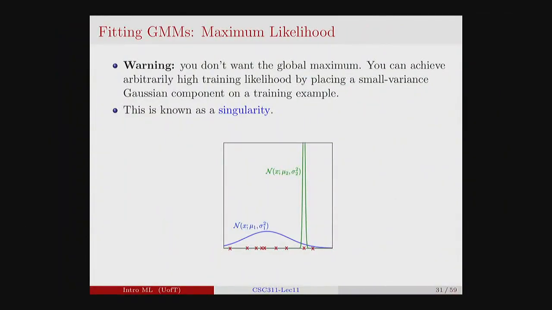What's more, there's also a learning pathology that you might run into if you attempt a direct global maximization of this objective, which is that there exist pathological solutions where you put all of the mass of one of the Gaussian clusters onto a single data point, and you send the variance, or the standard deviation, to be a very, very small number.